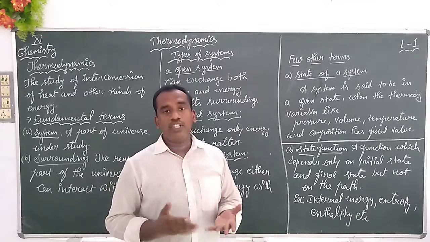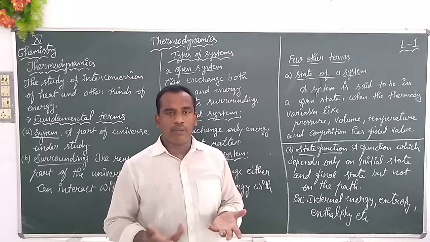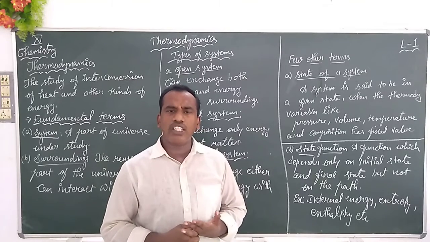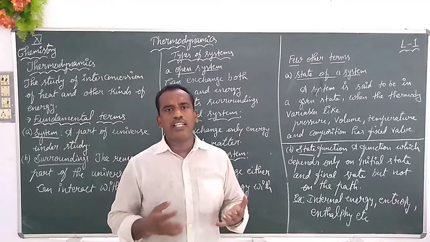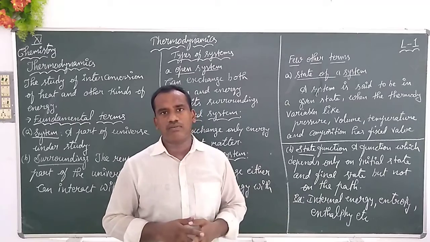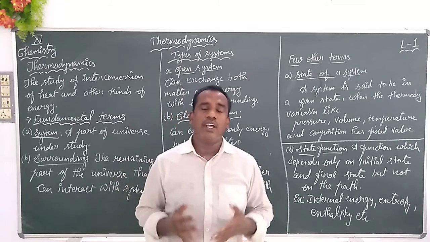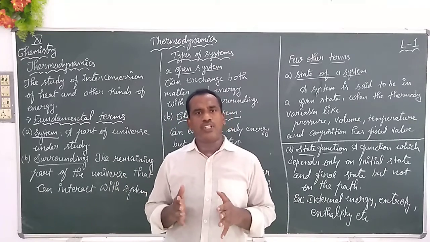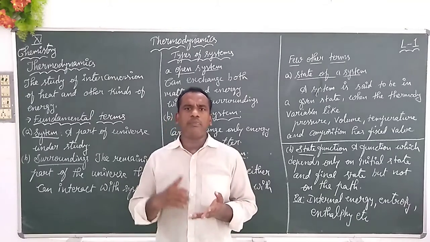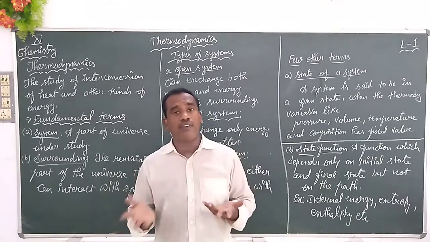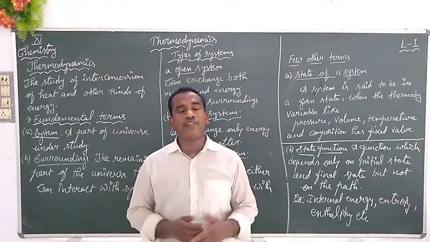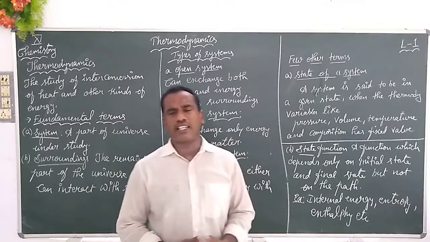Here, the energy may be in different forms. It may be internal energy. What is meant by internal energy? The energy possessed by a system is called its internal energy. It may be kinetic energy, potential energy, rotational energy, or vibrational energy. Different forms of energies are there; we will see them later.